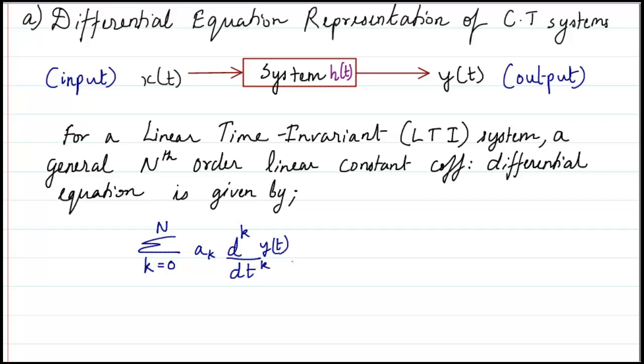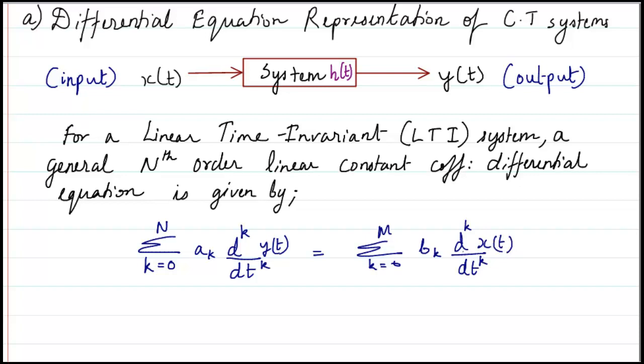So this is the part of y of t, which is the output, that will be equal to the summation, again, of k equal to 0 to m. That means m is the order for the input, b k into d by dt of kth order of x of t.